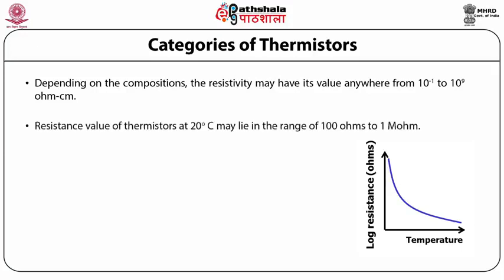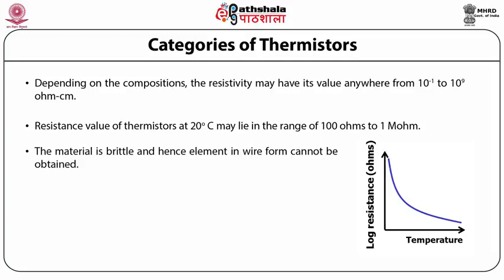The resistance value of thermistors at 20 degrees Celsius may lie in the range of 100 ohms to 1 megaohm. The material is brittle and hence the element in wire form cannot be obtained.